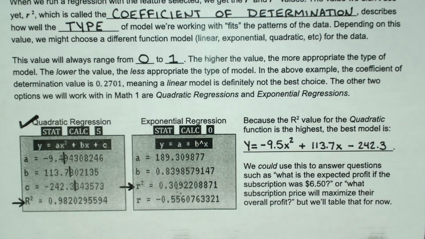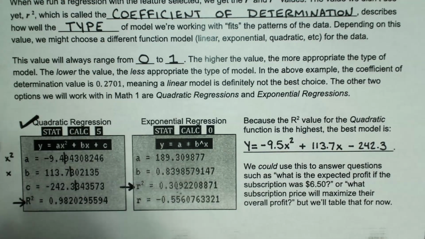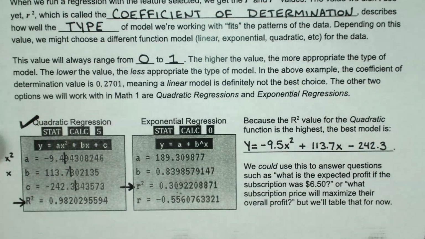That is a lot. All quadratic expressions are going to be something x squared plus something x plus something. So A is going to have the x squared with it, B is always going to have the x with it, and C is always just going to be a constant without it.